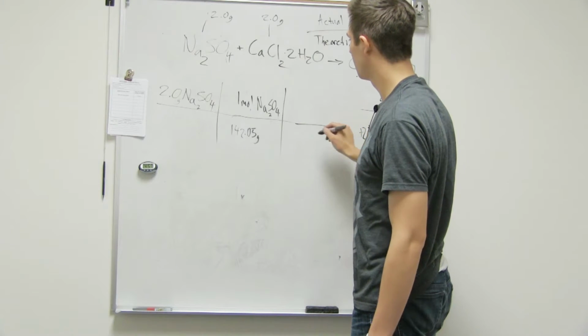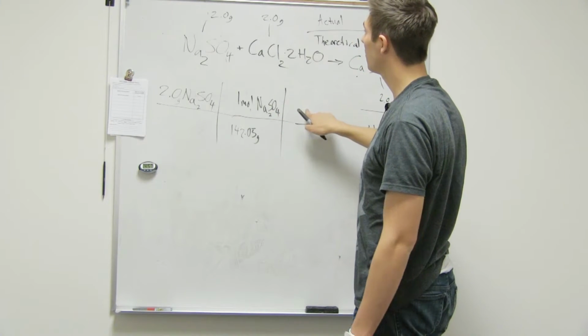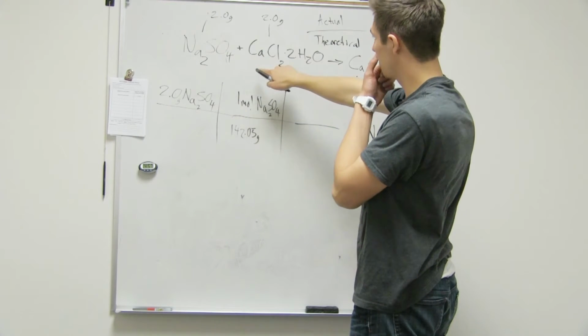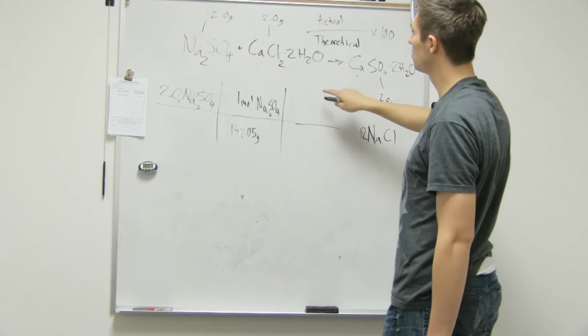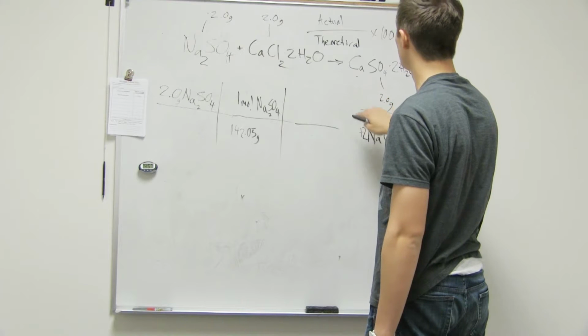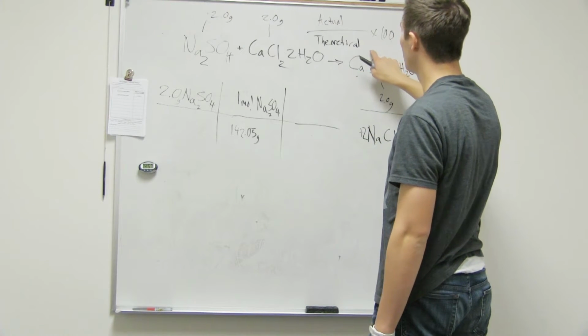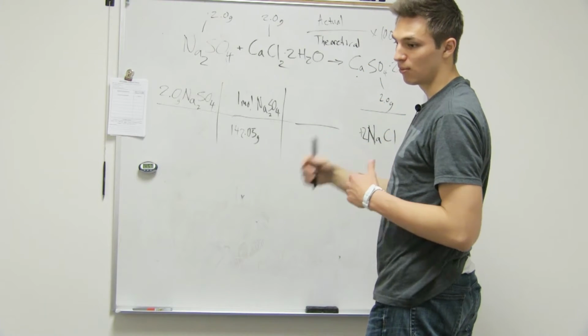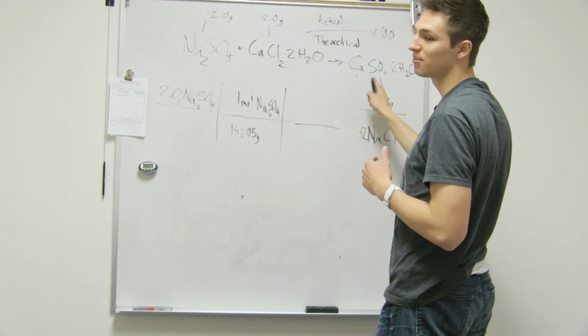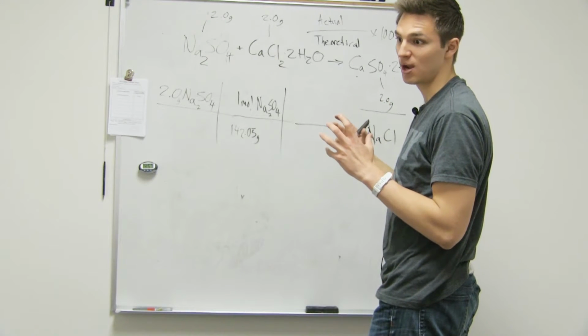Now we're going to divide this. We're going to find out how many moles there are. That will tell us how many moles of everything there is. Then, based on how many moles and the periodic table, we can find out how many grams that amount of moles weighs, right?